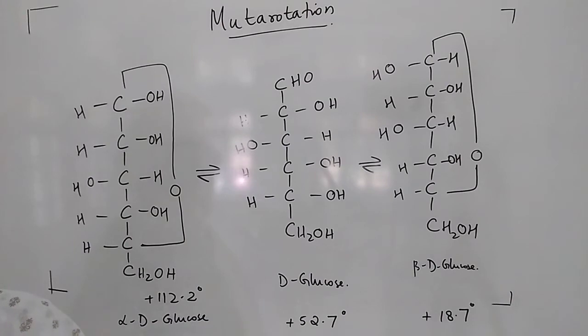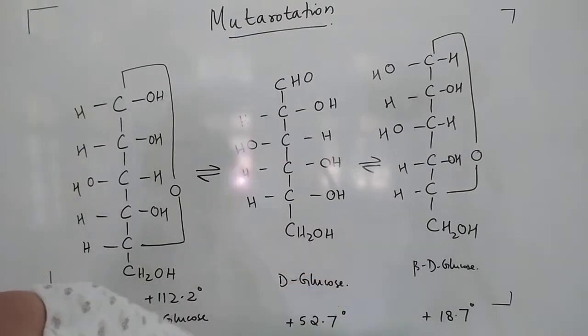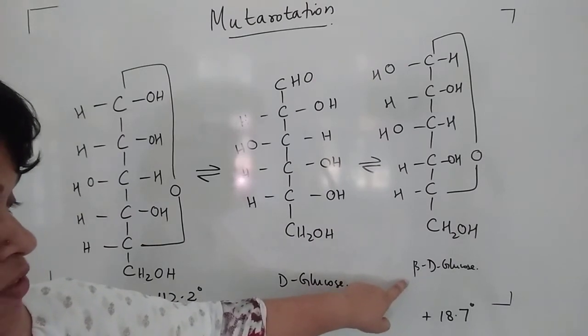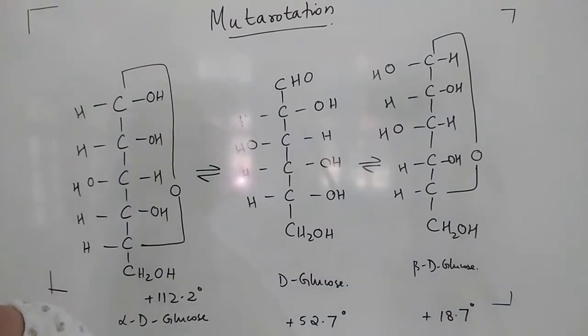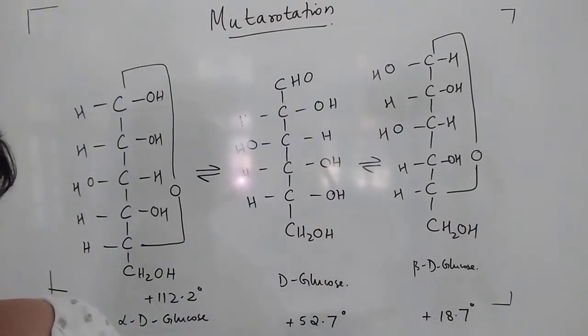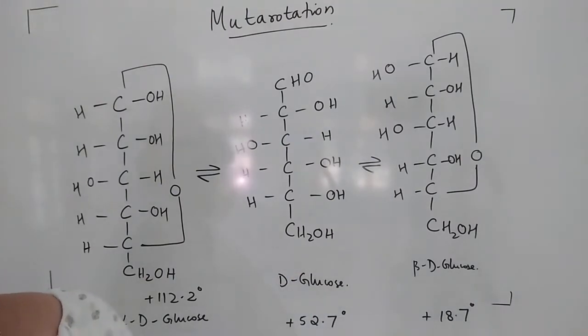And suppose you have crystals of beta D glucose, and this beta D glucose is dissolved in water. Again the specific rotation of beta D glucose will be increasing, to plus 52.7 degrees, and once it reaches 52.7 degrees it becomes steady.